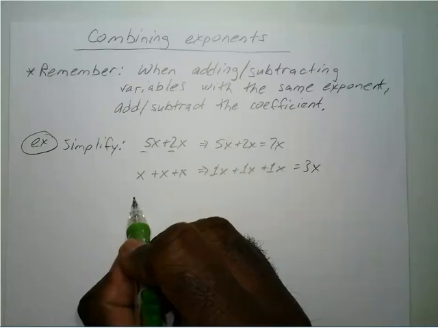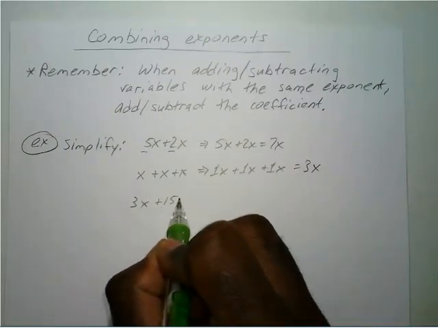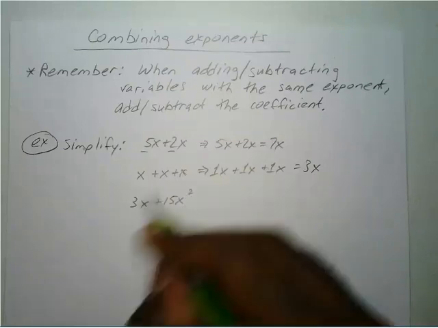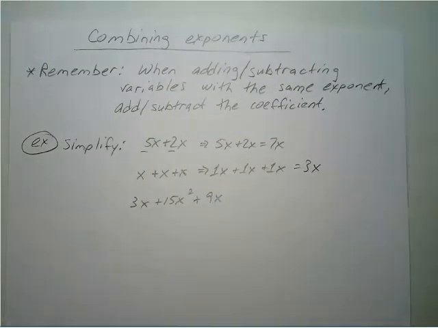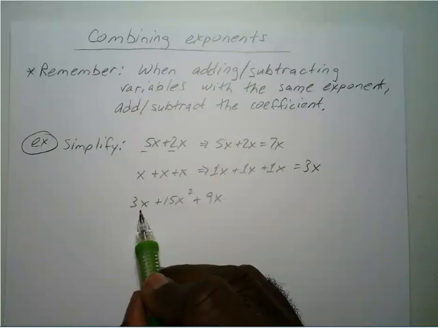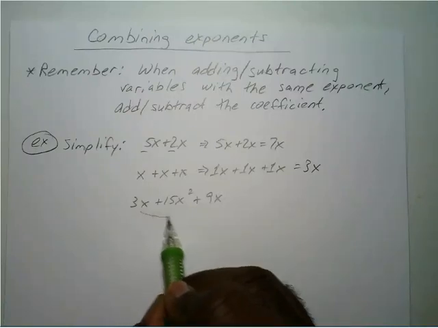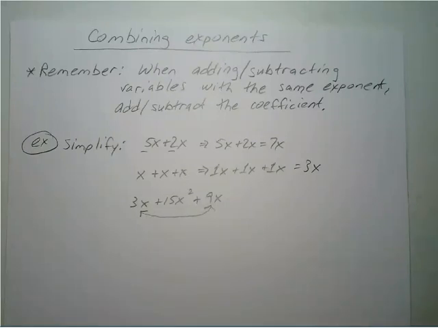So what if you have 3x plus 15x squared plus 9x? The thing is, you can only combine them if the variables and exponents are exactly the same. So these two are the only ones you can combine when adding or subtracting.